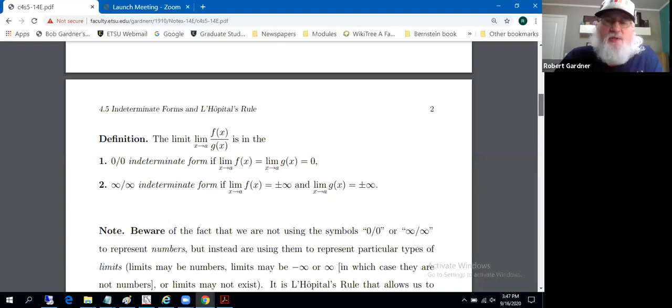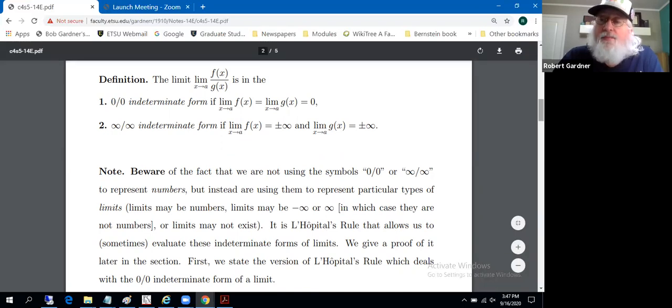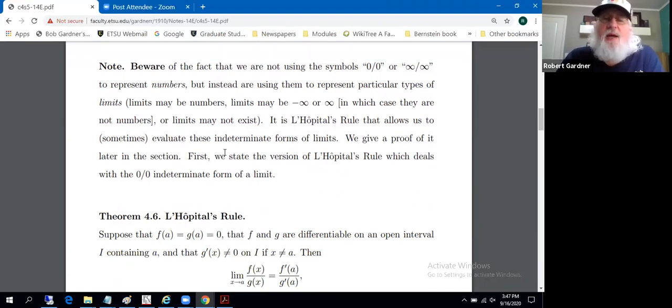What we're using those symbols for is to describe particular types of limits, limits as described. It's L'Hopital's rule that allows us sometimes to evaluate indeterminate forms of these kinds of limits, and we've encountered both of these kinds of limits, indeterminate forms of the types defined in previous sections.